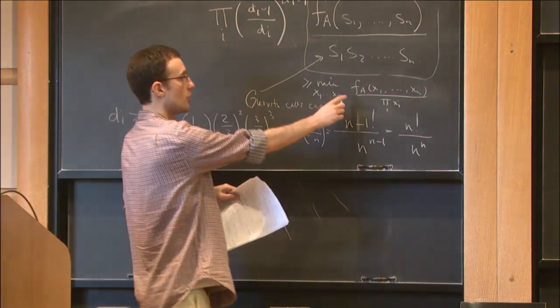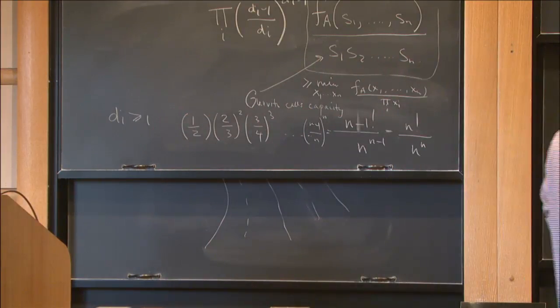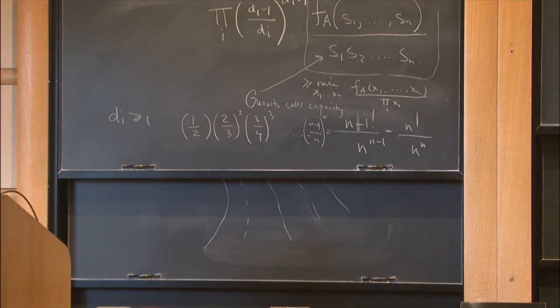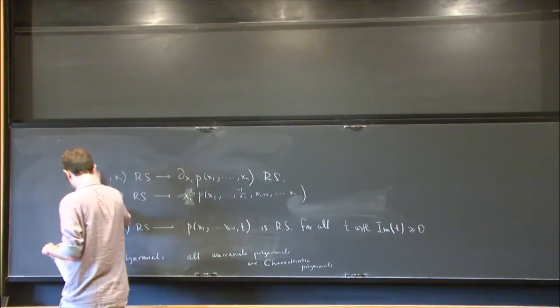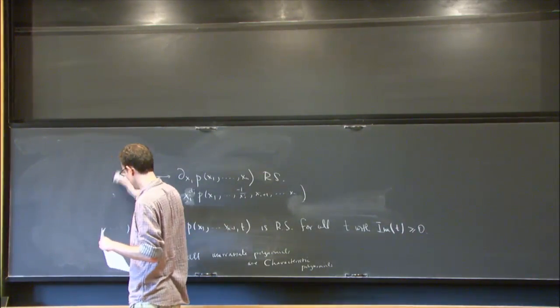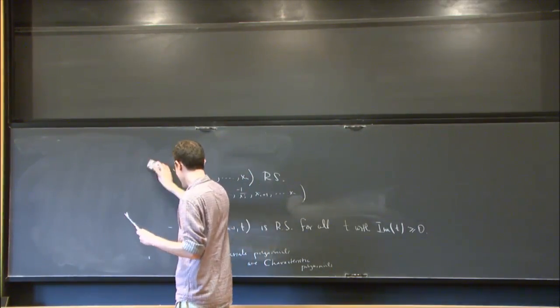So now the goal is to show that this thing is always greater than or equal to 1. And again, that's not particularly hard. Here you need to use the factor, because this is where you use the stochastic property somewhere, right? Yes.